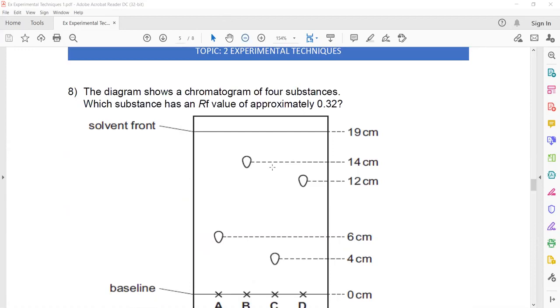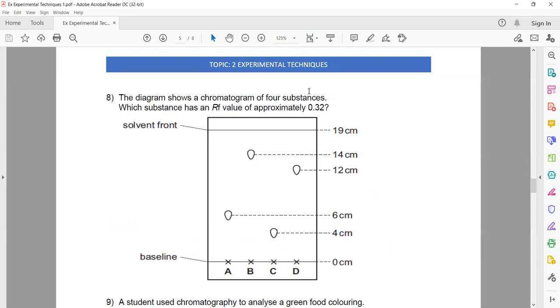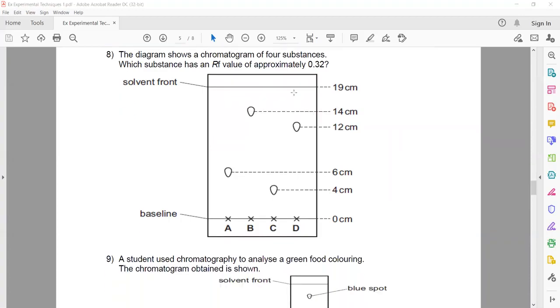In question 10, the diagram shows a chromatogram of four substances. Which substance has an RF value of 0.32? So how do you work out the RF value? RF value is the distance moved by the spot divided by the distance moved by the solvent.